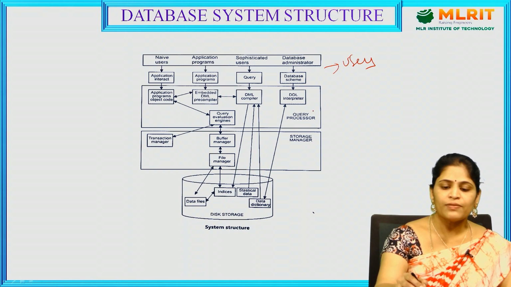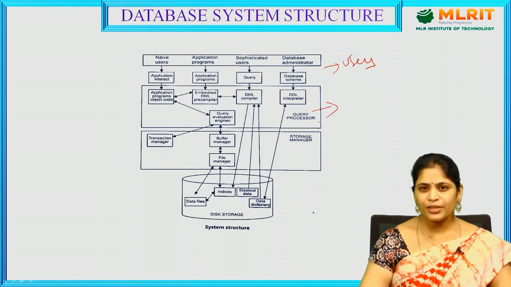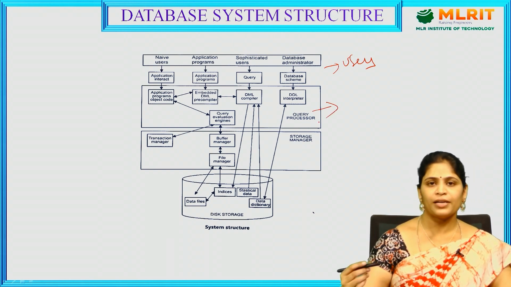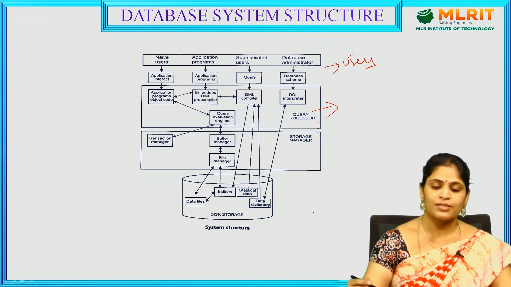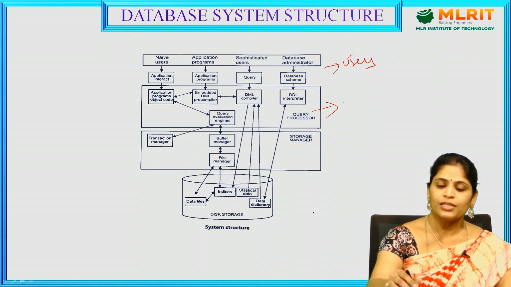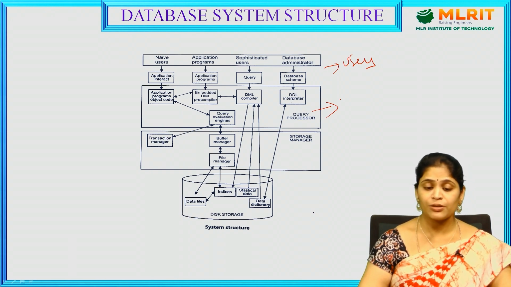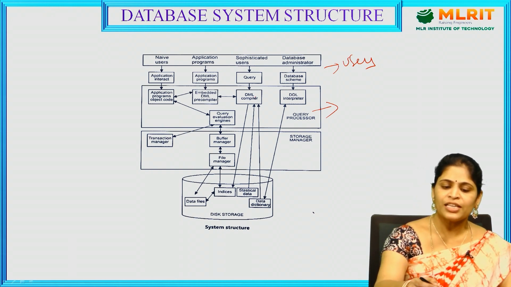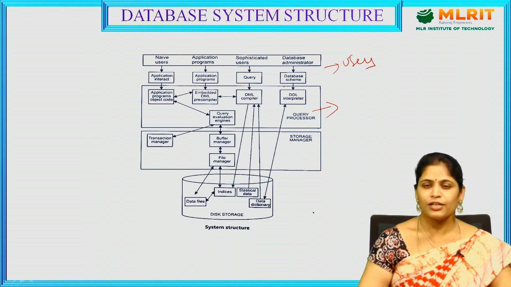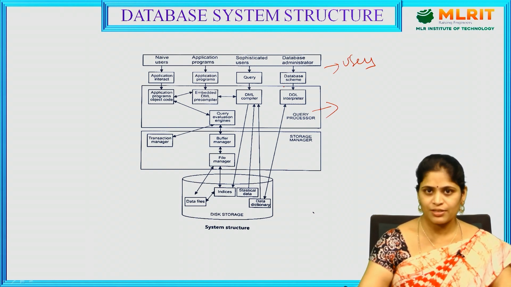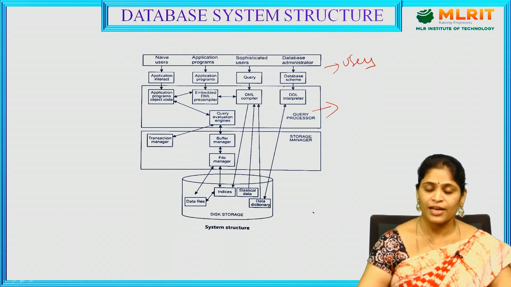The third level represents the query processor. This level includes the compilers: the DML compiler and the DDL interpreter. DML and DDL are different database languages that we will discuss in the next slides.